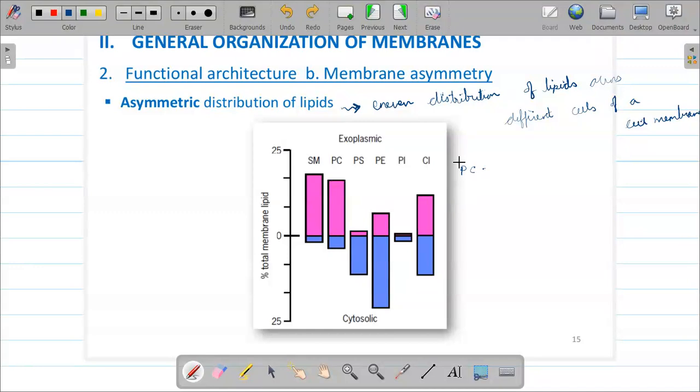Phosphatidyl choline. What is SM? Sphingomyelin. Very good.